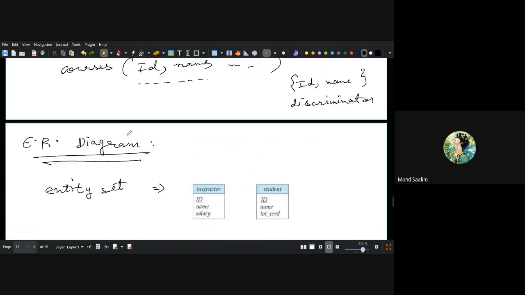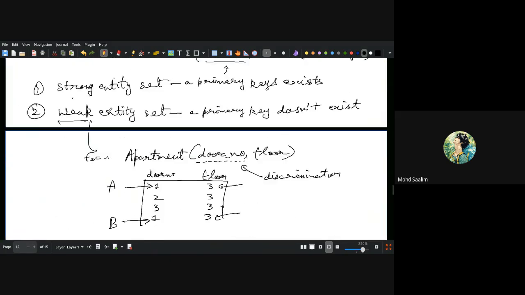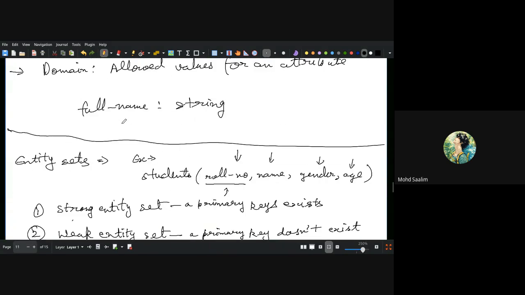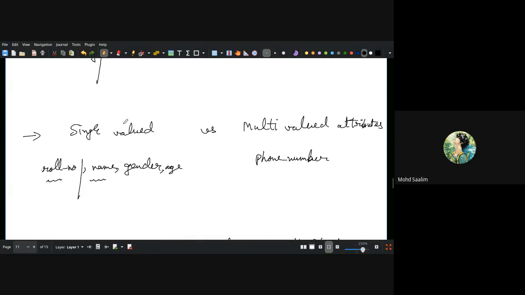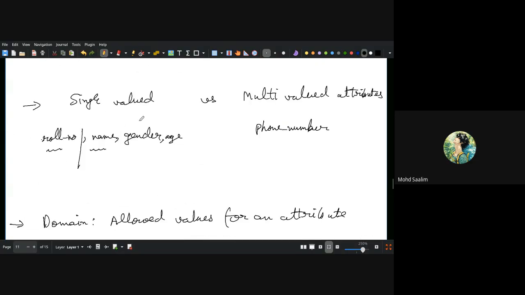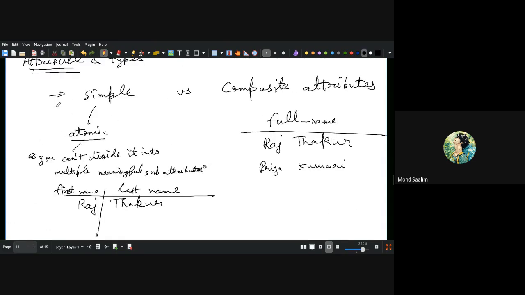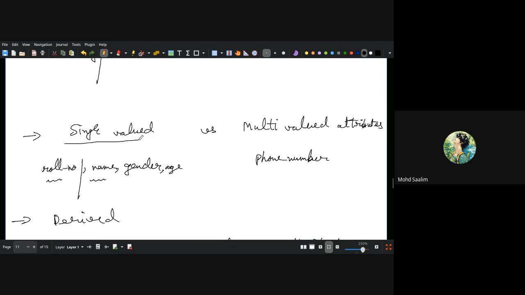So when we were learning about attributes, I think I forgot to mention one special type of attribute, and that is derived attribute. We discussed simple attribute, composite attribute, single valued attributes and multi-valued attributes.